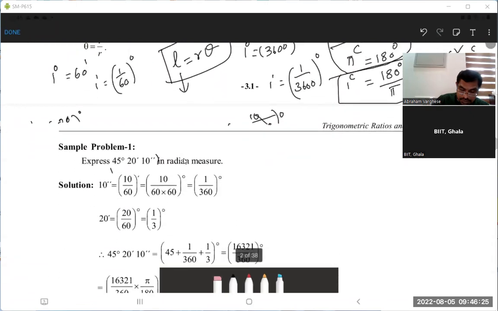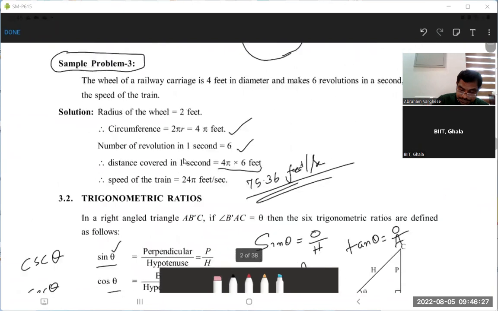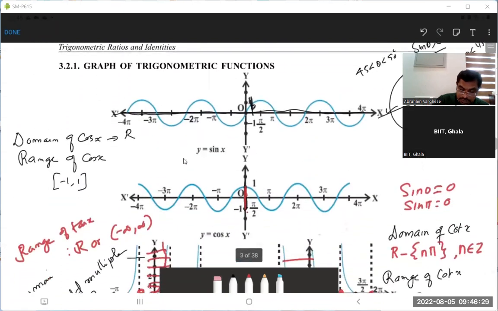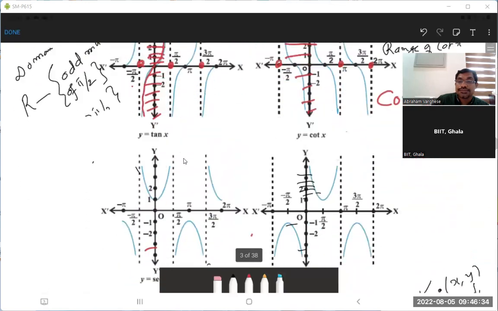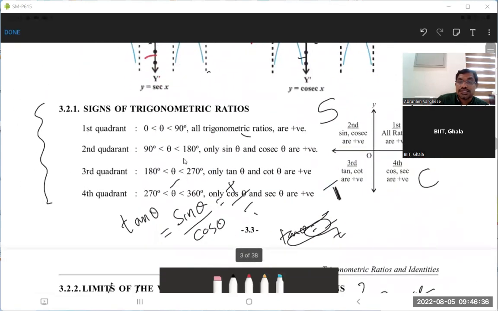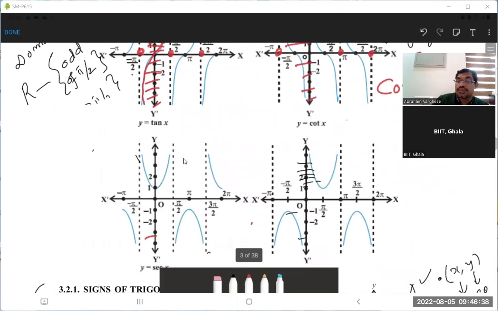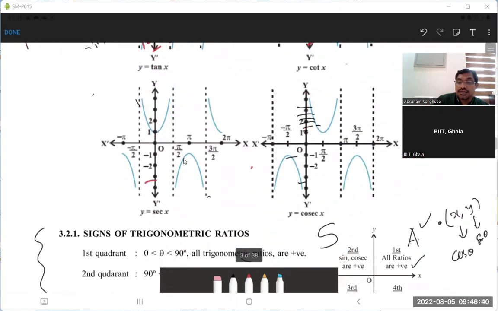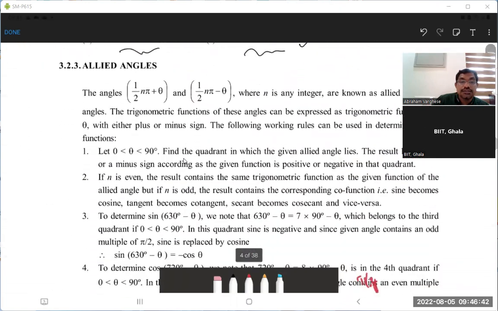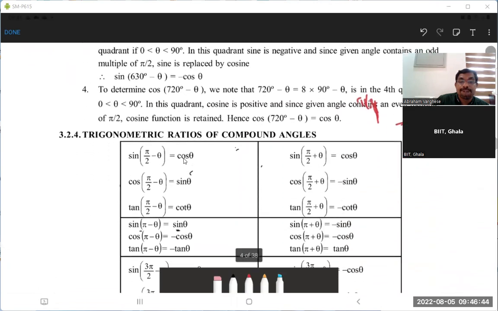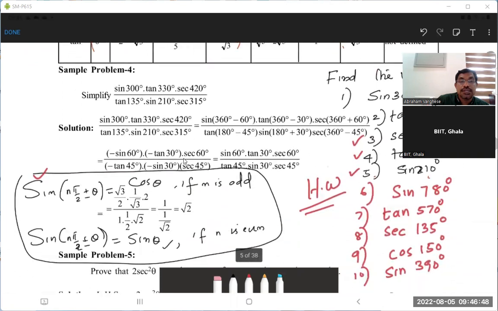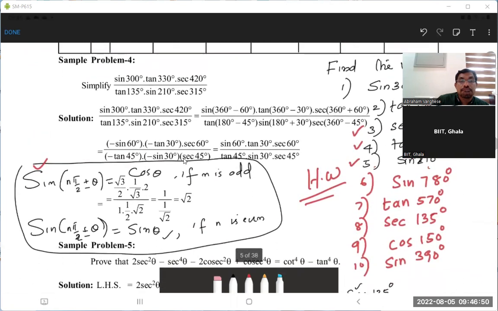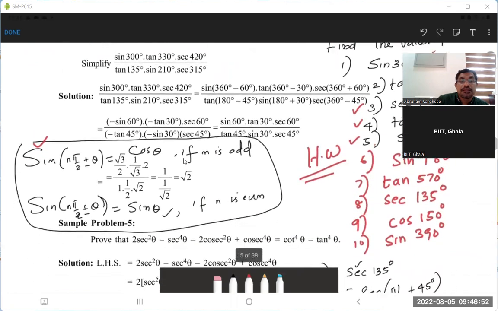So we discussed length of the arc, then trigonometric ratios, graph of trigonometric ratios, then the signs of the trigonometric functions in different quadrants. This also we discussed. Then the trigonometric ratios for a compound triangle.